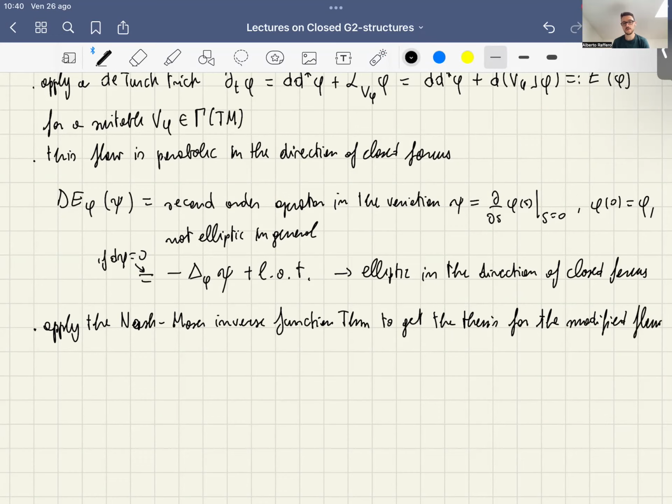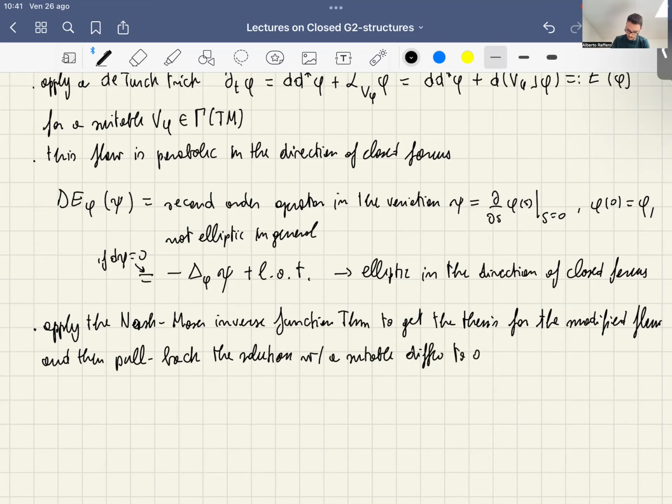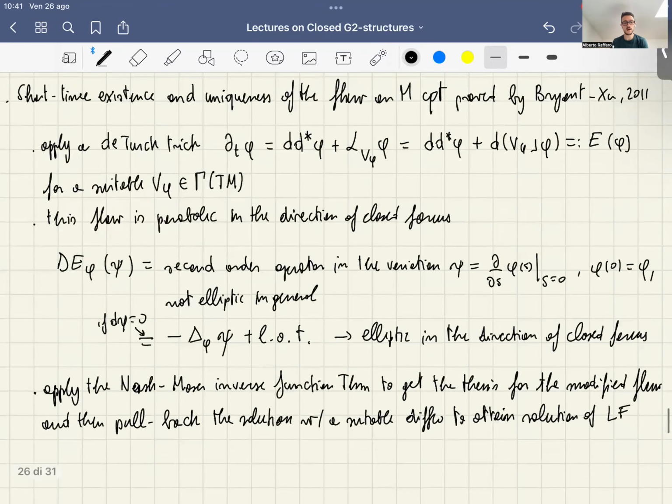And once you have the short-term existence and uniqueness of the solution for the modified flow, then you pull back the solution using a suitable diffeomorphism to get the solution of the Laplacian flow. So this is roughly how the things go.